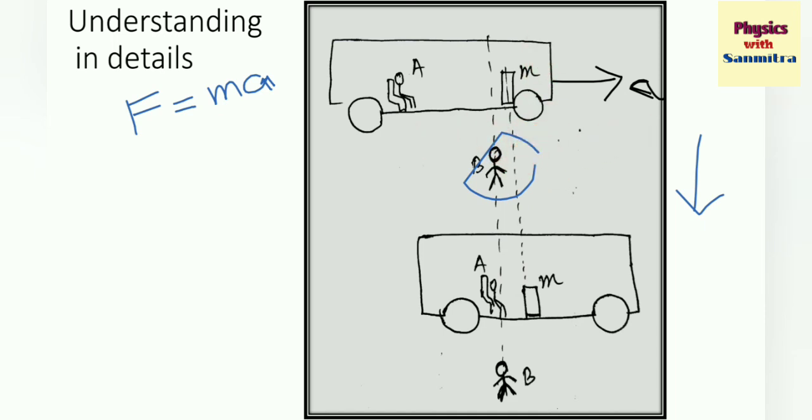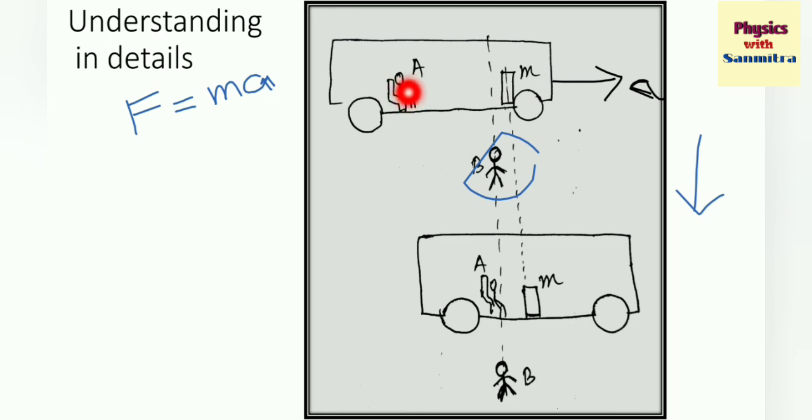See, I have drawn the line here to show that this block m is at the same position with respect to observer B, because this surface is super smooth, extremely smooth. There should be some friction to carry this block m along with the bus, but there is no friction. This is zero friction. Now what is happening?